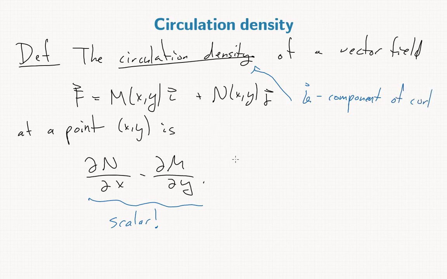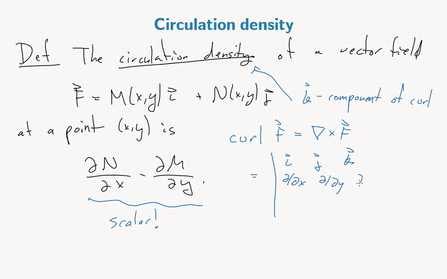So recall curl F is nabla cross F, and so that's the determinant with rows i, j, k; del by del x, del by del y, del by del z; M, N, and since we're in a plane, the z component of F is 0.